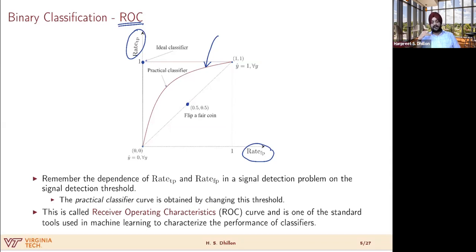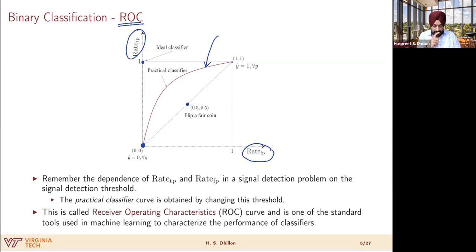Let's say I choose that threshold to be, say, 1 million, and your signal power is very small. So in that case, I'm just not going to detect any signal, right? And that is what will correspond to this point here.